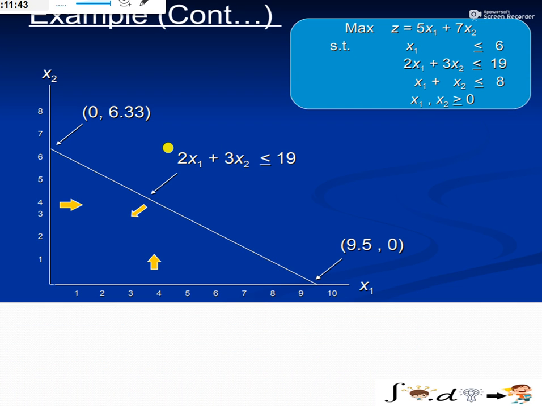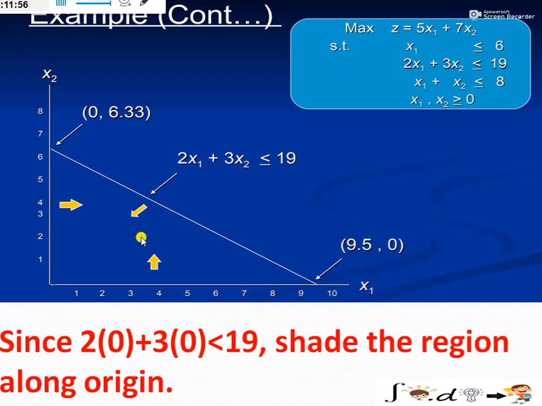And now this line 2x1 plus 3x2 is less than equal to 19. ग्राफ ड्रॉ किया हमने इसका. ओके. ग्राफ ड्रॉ करने के बाद हमने ओरिजिन के कोऑर्डिनेट्स इसमें सब्स्टिट्यूट किए, यानी कि 2 into 0 plus 3 into 0 less than 19 है.